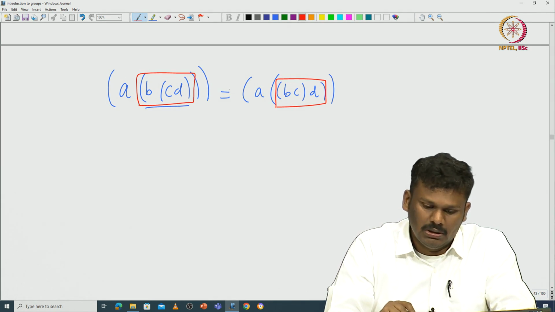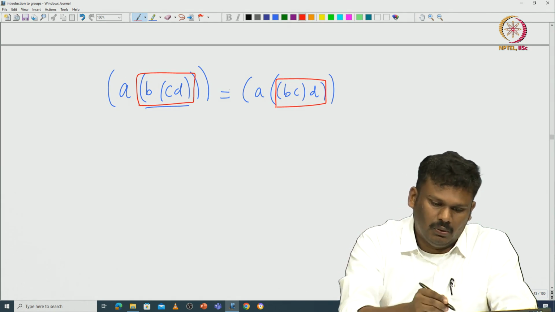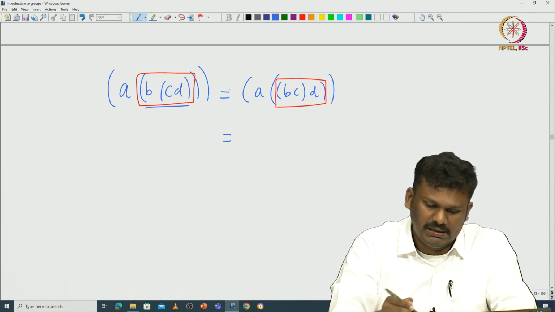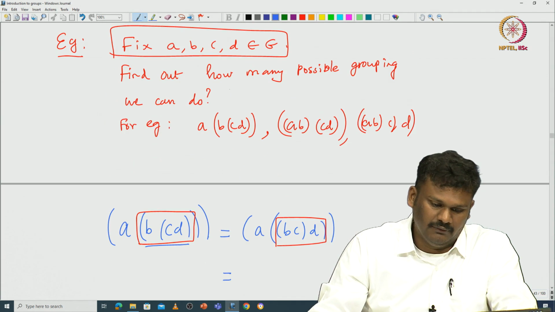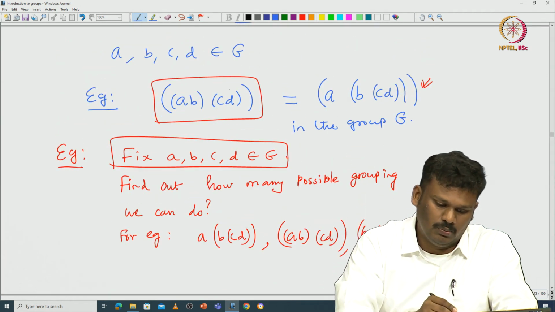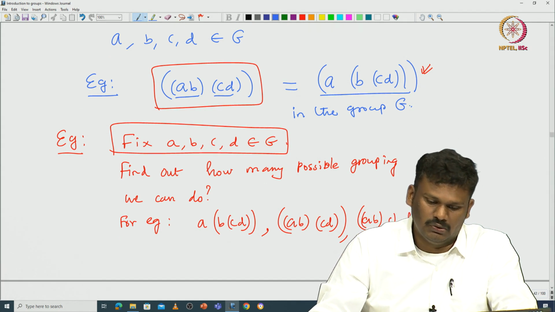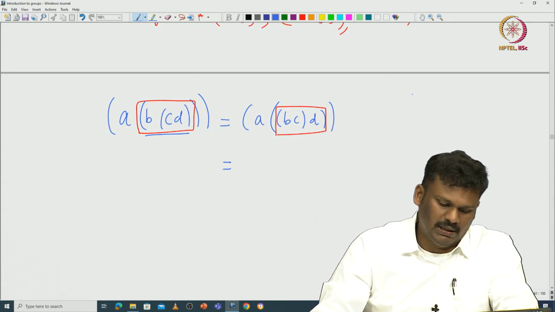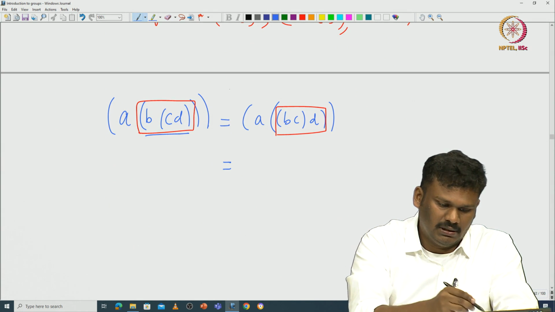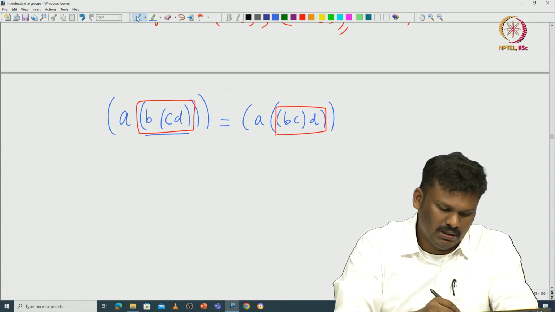Now what happens? We wanted to verify that these two are the same: grouping A, B, C, D and then this A, B, C, D. So how do I do that? Again you start with, for example, the left side.